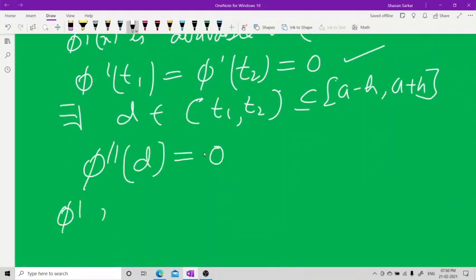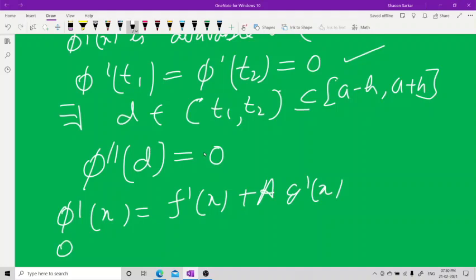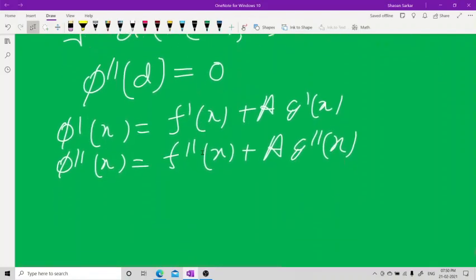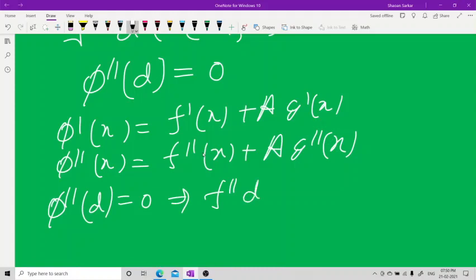Now, what is phi dash x? Phi dash x is f dash x plus a g dash x. Now, phi double dash x is f double dash x plus a g double dash x. That does the job. Now phi double dash d is 0. So this implies f double dash d plus a g double dash d is equal to 0.